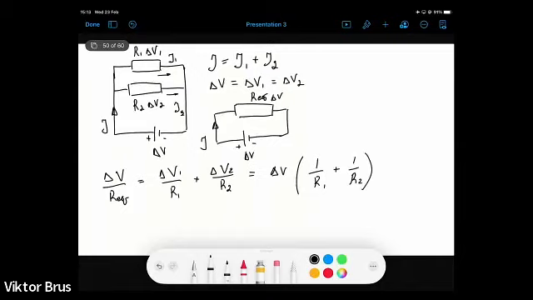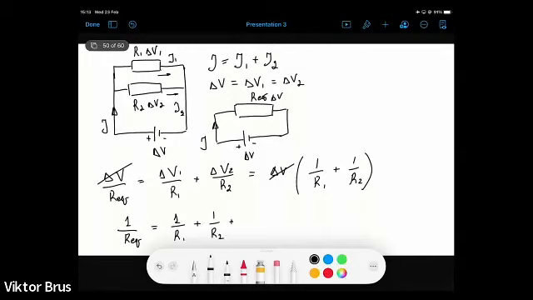So eventually we cancel out this delta V and can write the equation for calculating the equivalent resistance of resistors connected in parallel. So it will be 1 over R equivalent equal to 1 over R1 plus 1 over R2.